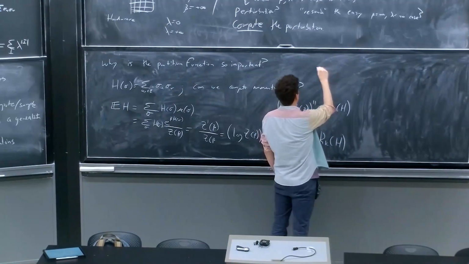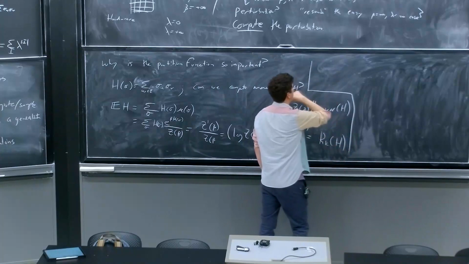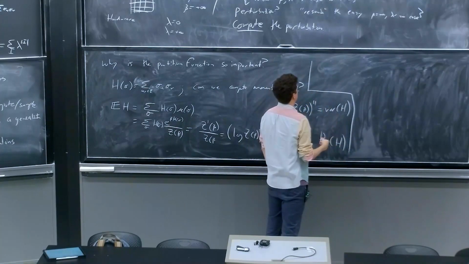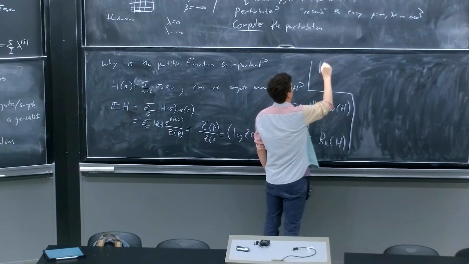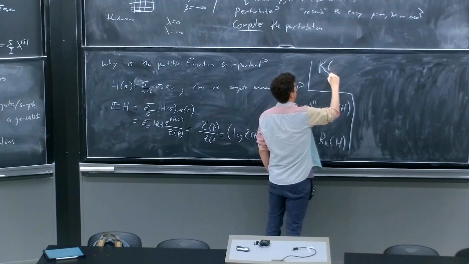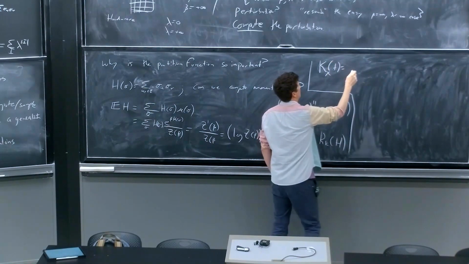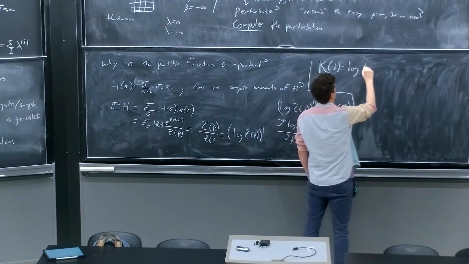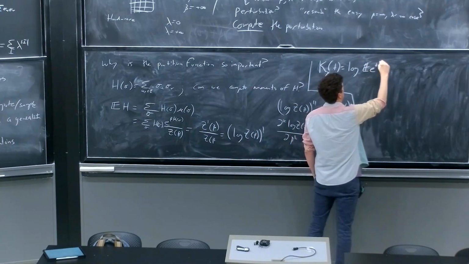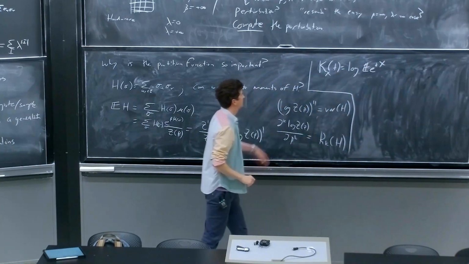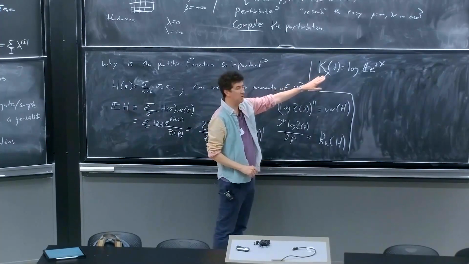For any random variable X that has a convergent moment generating function, let K_X(t) be log of the expectation of e^{tX}. This function is called the cumulant generating function.